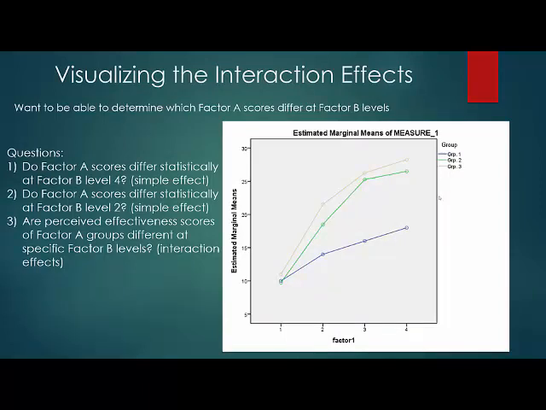And so what we have here is a graph illustrating the scores of group 1 in blue. This could be administrators, green could be teachers, and the gold could be coaches. On the x-axis, these are the 4 types of professional development trainings.